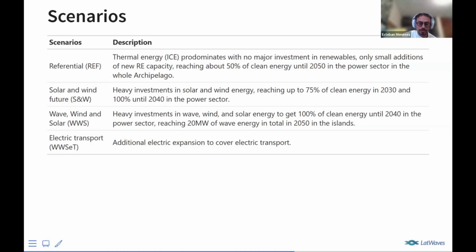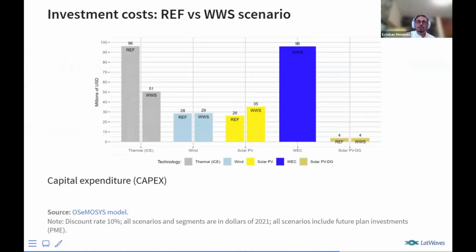As a result, looking at the investment cost between the referential scenario and the scenario with WEC, we can see that in all technologies, with the exception of thermal power plants, the scenario with WEC is more expensive than the referential scenario.